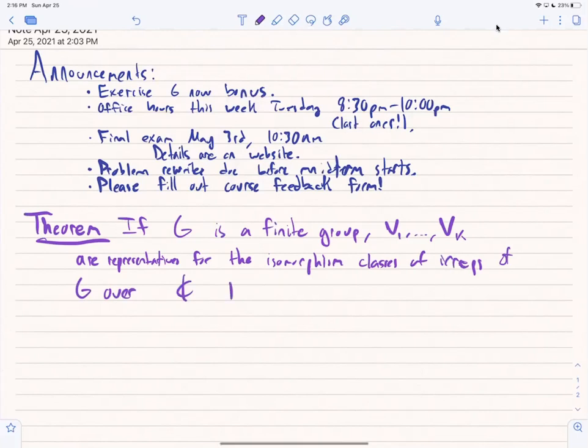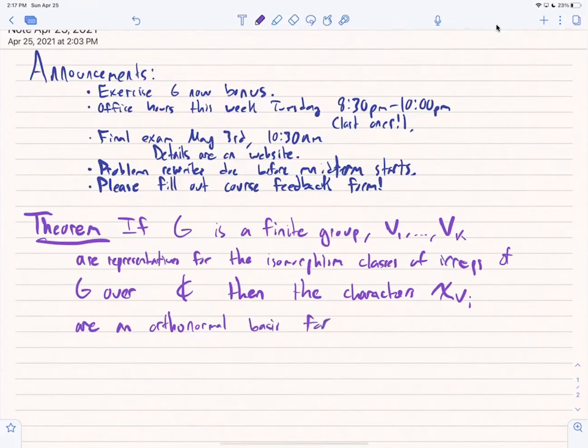Okay, then the characters of these representations, the characters chi sub V_i, are an orthonormal basis for the space of class functions, which we wrote C_G.